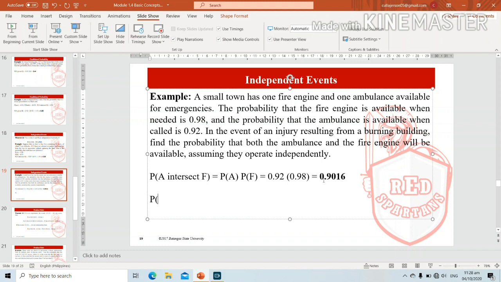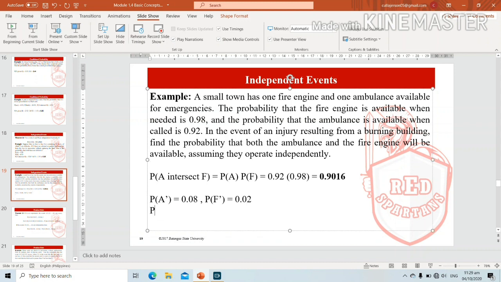Hindi mo gagawin na 1 minus 0.9016, yun yung probability. Kailangan mong kunin yung A complement. Ang A complement natin na hindi available yung ambulance is 0.08. Then, ang F complement naman natin, hindi available si fire engine is 0.02.